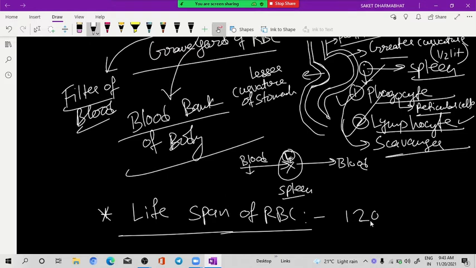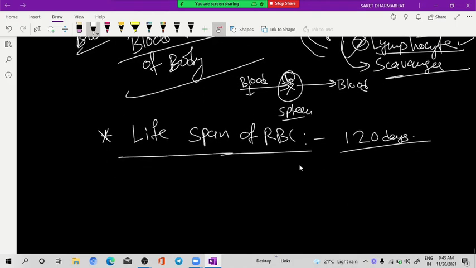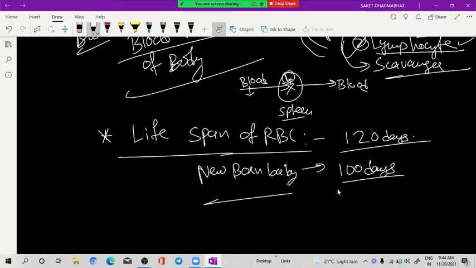So lifespan of RBC is what? 120 days in human. But in small baby, it is how much? 100 days. In small or newborn baby, even in frog also, it is 100 days only.